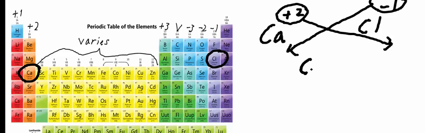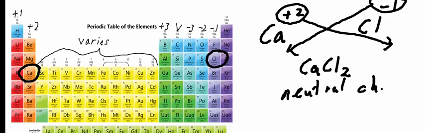Now this is our shortcut, so when we finish, we're going to have 1 calcium and 2 chlorines because we brought that 2 down to the side, and we don't show the 1. Now this is how we form this so that we have a neutral charge. So we did it correctly because our charges have canceled.